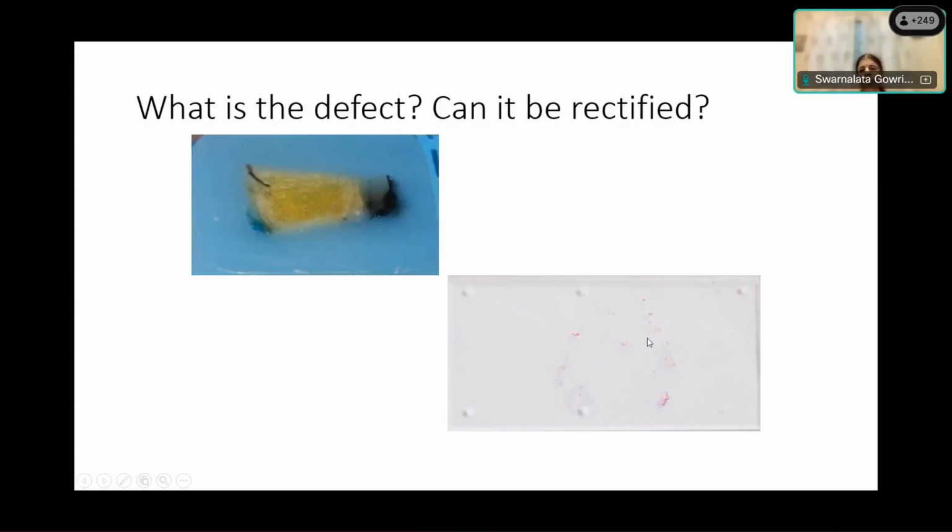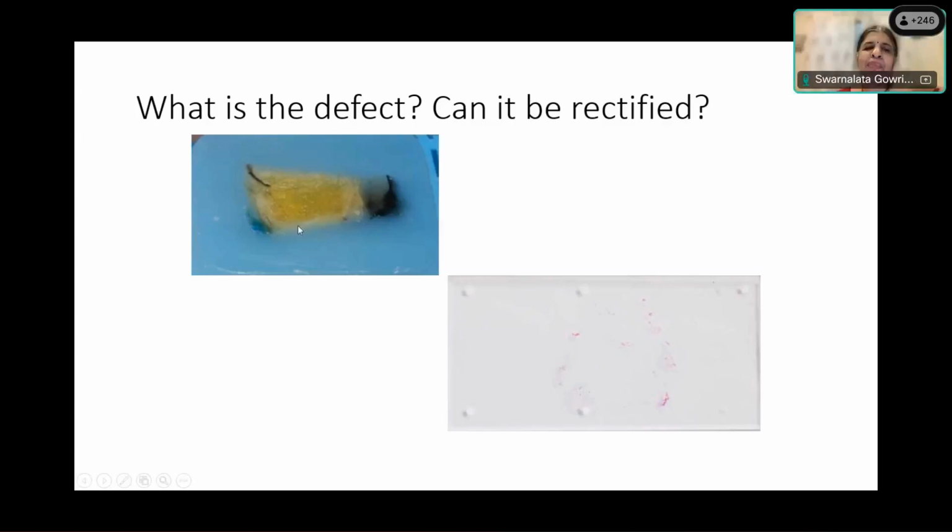Why is there no section at all? You should have got adipocytes here, right? But in the section, there is no adipocyte. So what has happened? What is the defect, Ria? Ma'am, it's due to poor clearing.